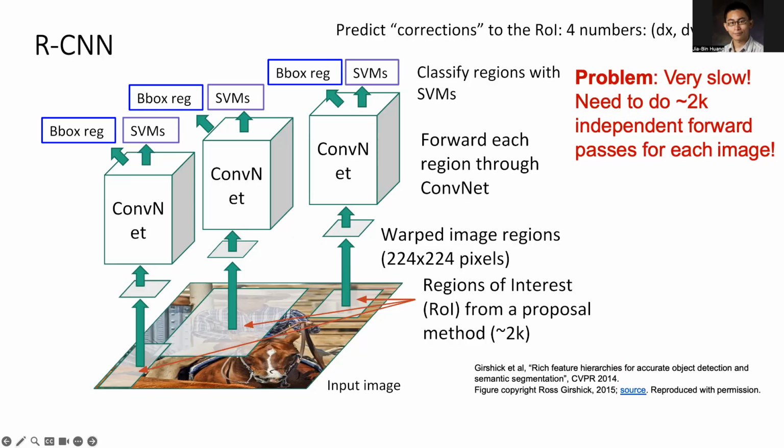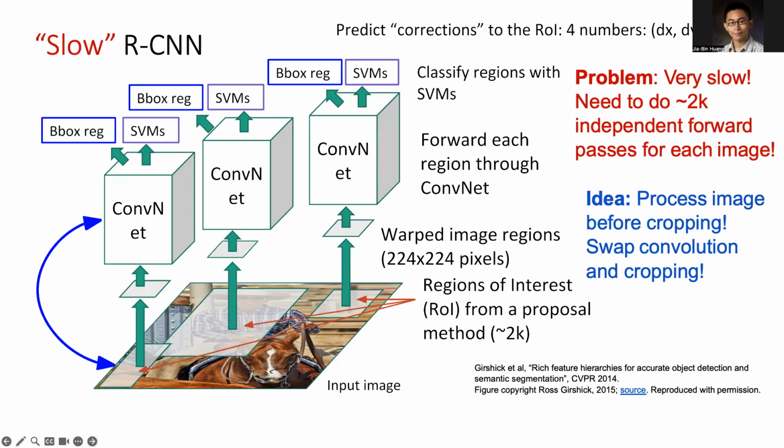So what we'll do here is that, instead of processing each bounding box independently, let's just process them before the cropping. So just swap: you can see that they crop the image and resize, and then do the processing.